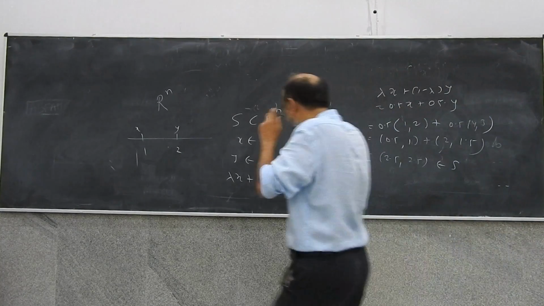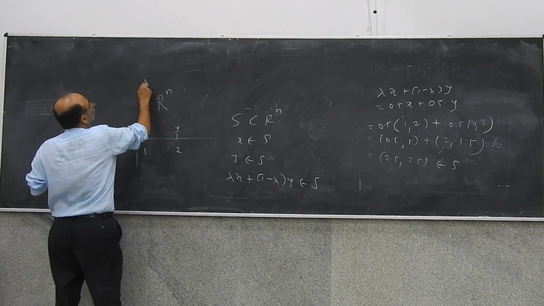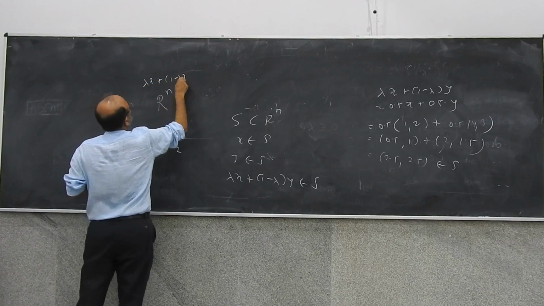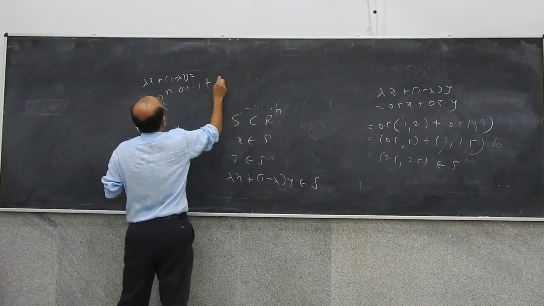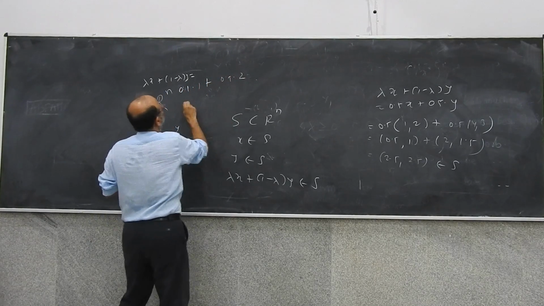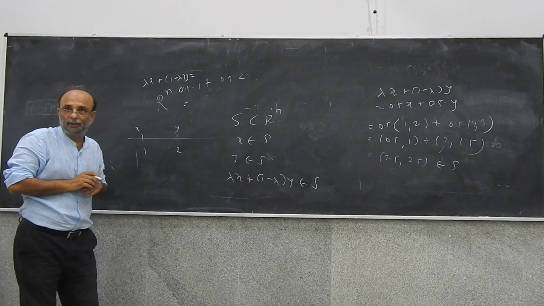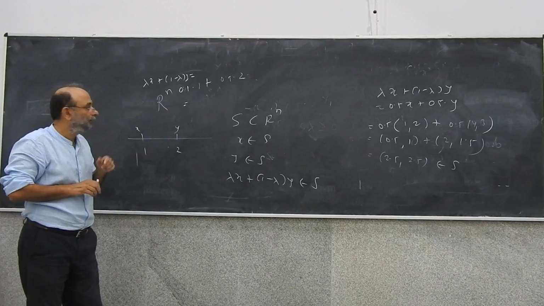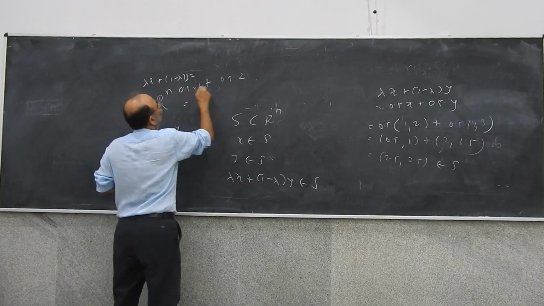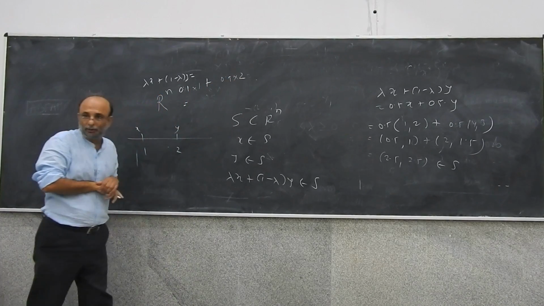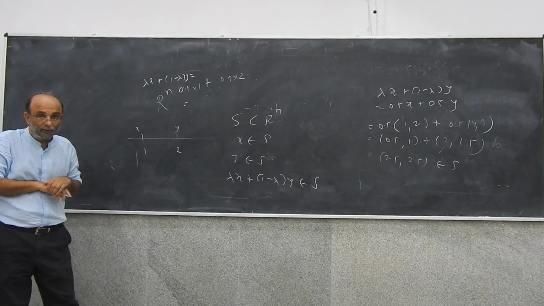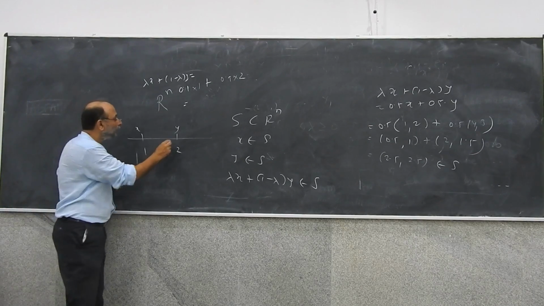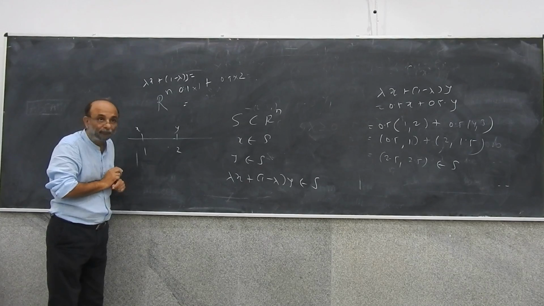So what will be lambda X plus 1 minus lambda Y? 0.1 into 1 plus 0.9 into 2 is what? 1.9. So where is 1.9? 1.9 will be some point here.